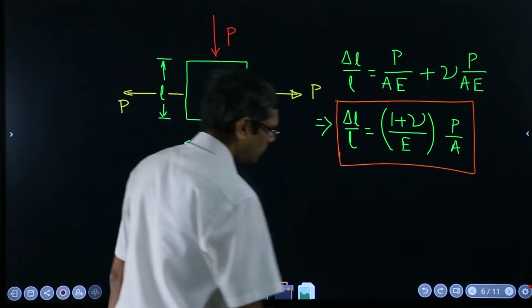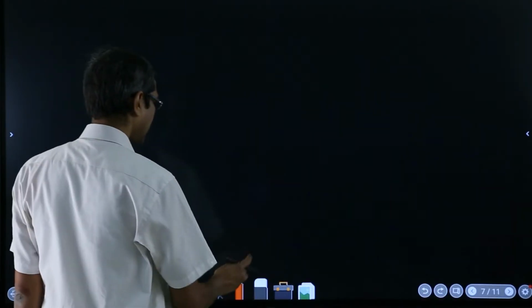Now, what we will do, we will take the same cube.